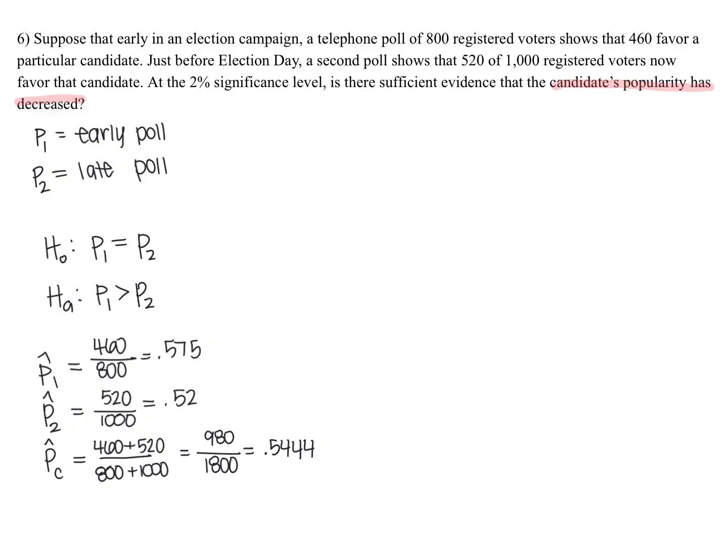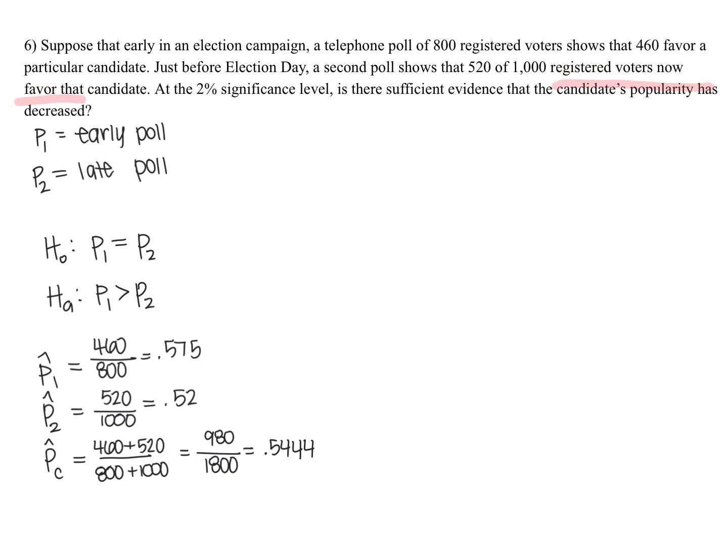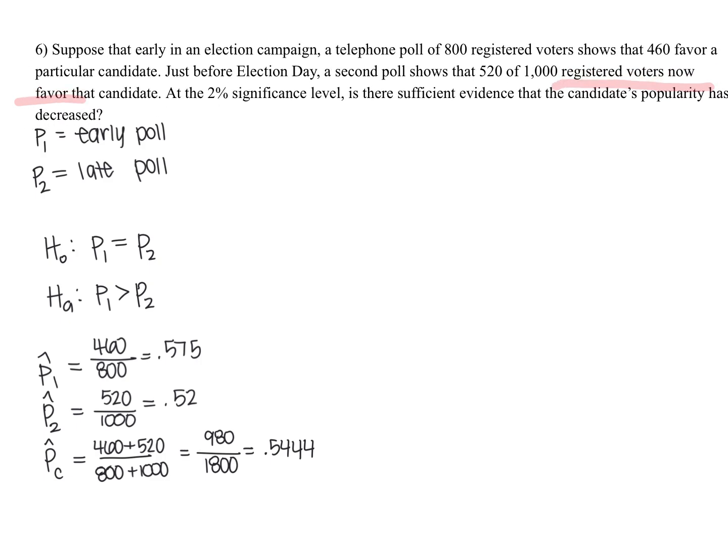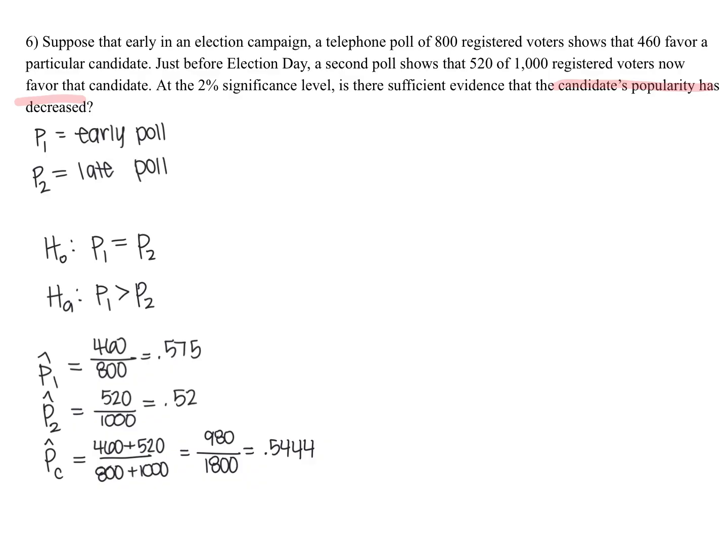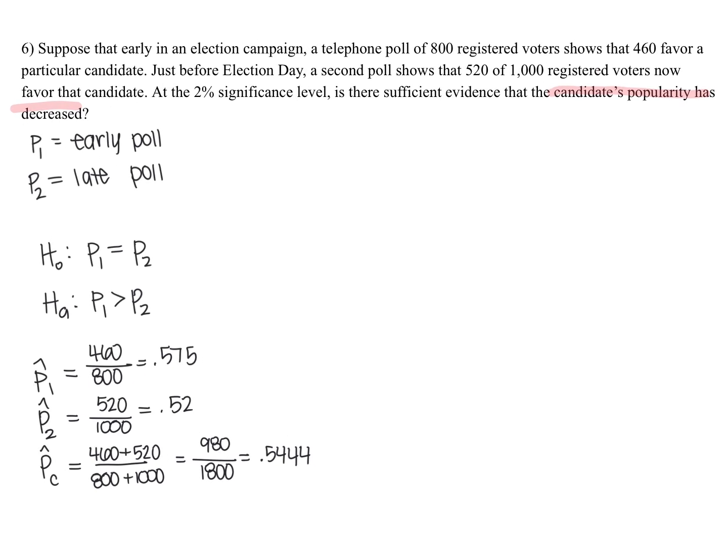Right. Now I want to calculate my test statistic. So again, not a formula you have to memorize. It is given to you on the formula sheet. So what we're going to do now is Z equals, and then it's always P1 hat minus P2 hat, so 0.575 minus 0.52, and then the denominator uses the pooled proportion.